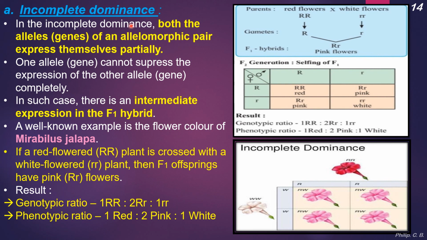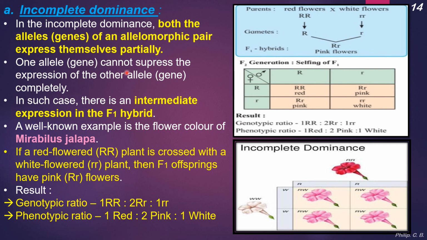Now, incomplete dominance. So first one we take incomplete dominance. In incomplete dominance, both the alleles, that is genes of an allelomorph pair, express themselves partially, meaning half. So whatever we learned in Mendel, that is dominant recessive, here it is incomplete, meaning the character is not expressed completely but partially.